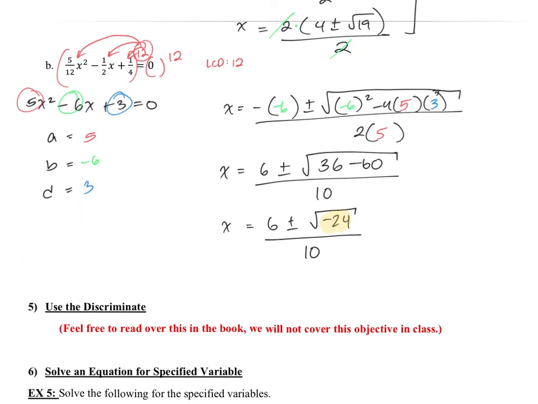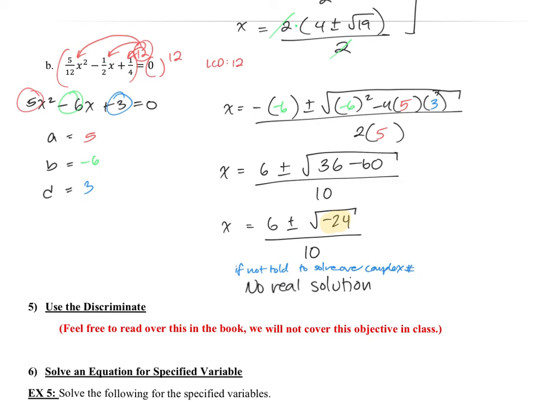So if you were not told to solve over complex numbers, what you would say is no real solution. Why? Because that's an imaginary number. So this is if not told to solve over complex numbers.